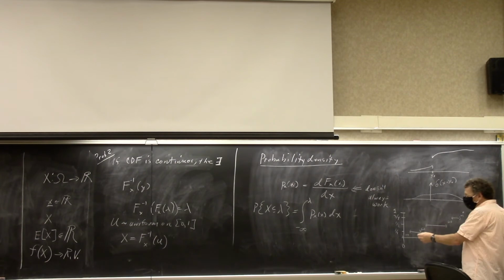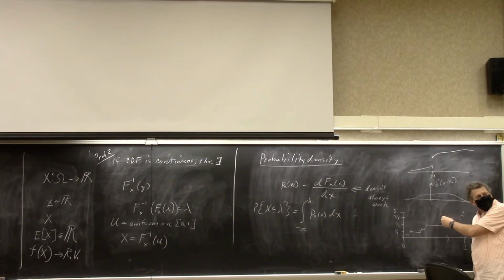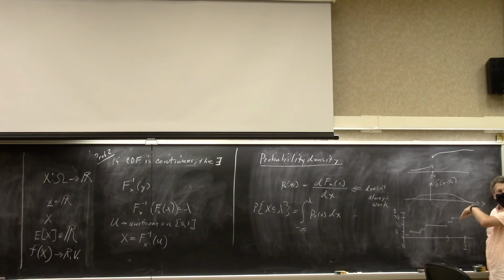So the thing is that you spackle over those little holes, okay? And then you've got a continuous function. But the function's derivative is 0 almost everywhere. So you have a function which has a derivative of 0 almost everywhere, but it gets from 0 to 1.